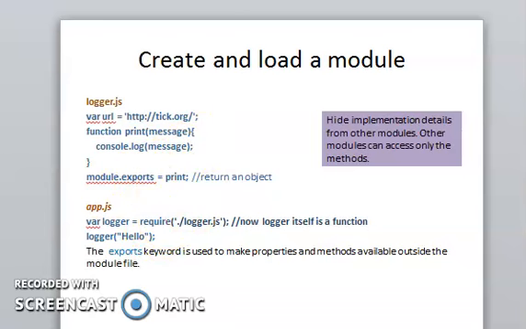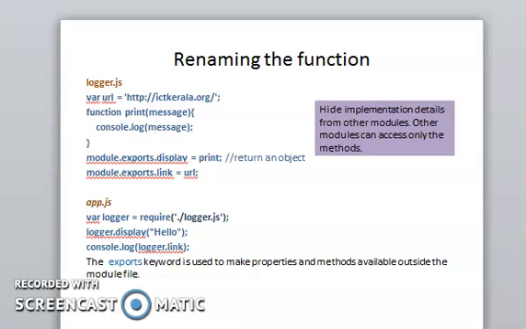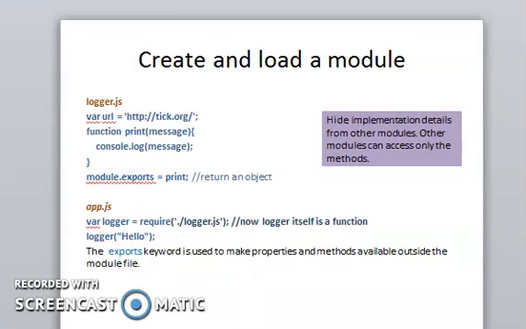Then next, we can see how we can rename the function. In the earlier case, where we are not renaming, print goes directly to the second app.js program.